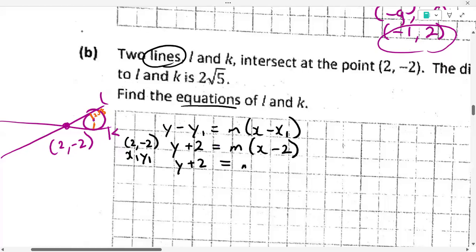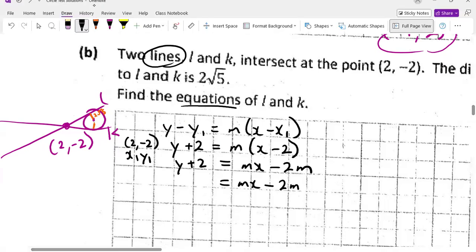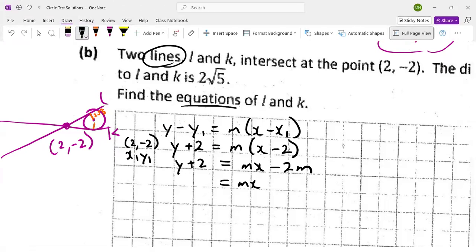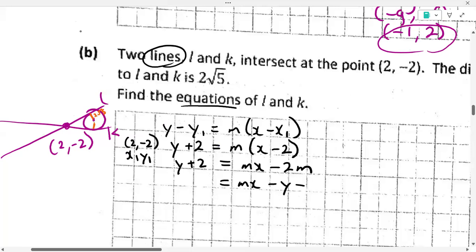So we can just tidy up a little bit more. -2m. And I guess we can put it all on the one side. mx -2m. Actually, I might put the y next because usually when we have a line, we have x, y, number. So we have mx - y - 2m - 2. Now, that's what I would call the general equation of the line L or K for that matter, either of them.